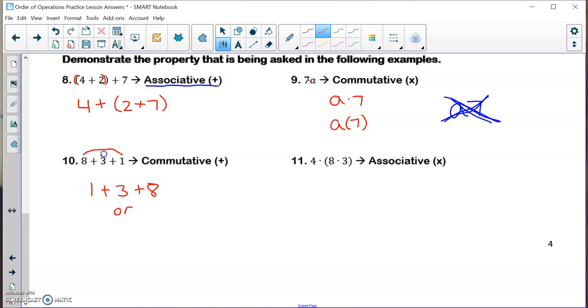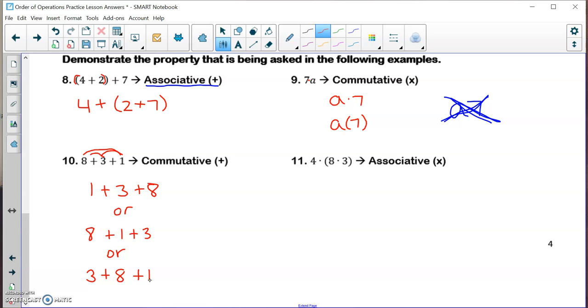Or maybe you wanted to flip the 3 and the 1 around. So maybe you want to do an 8 plus a 1 plus a 3. That's another way you can demonstrate the commutative property here. Or maybe you wanted to switch the 8 and the 3 around. So you want to do a 3 plus an 8 plus a 1. That's another way you can demonstrate the commutative property here. It's up to you on this one. There were multiple different ways to demonstrate that.